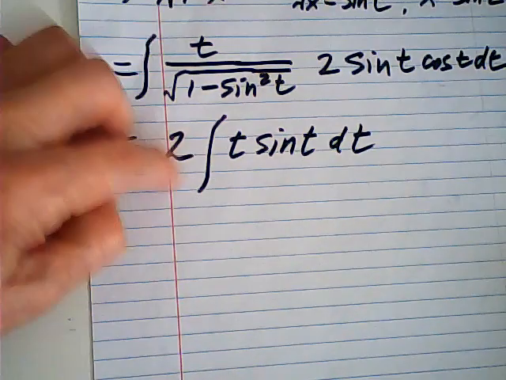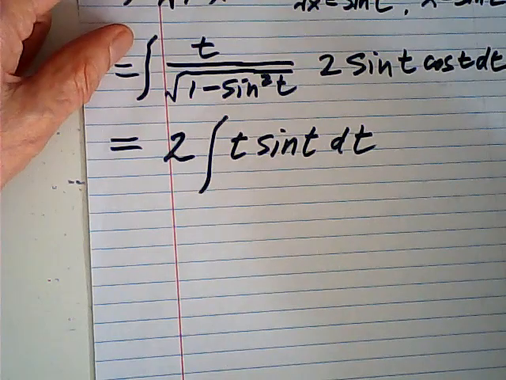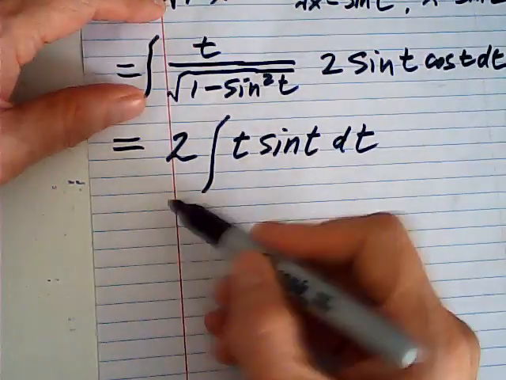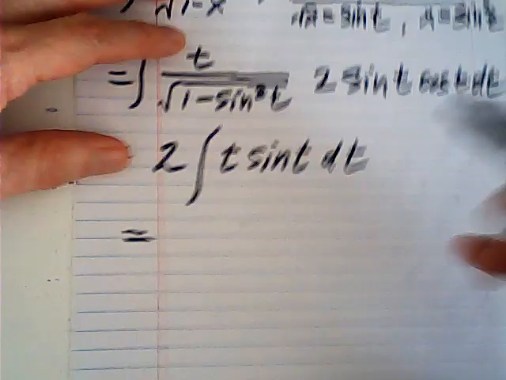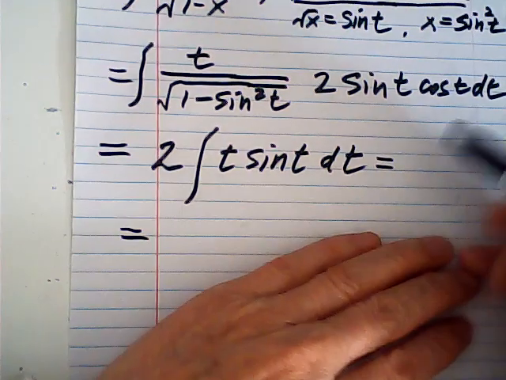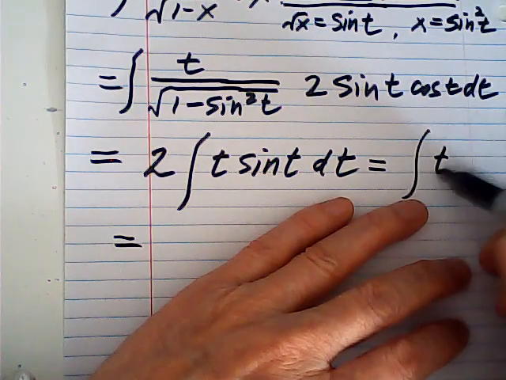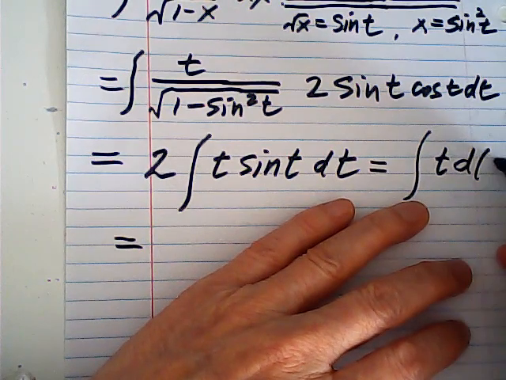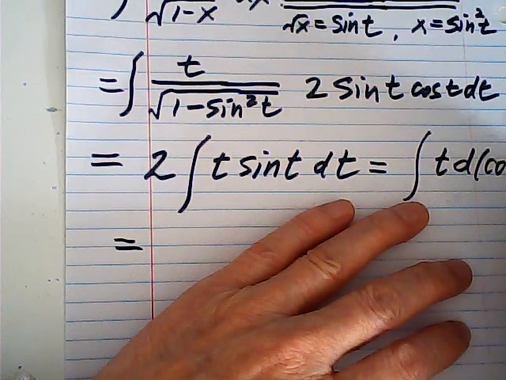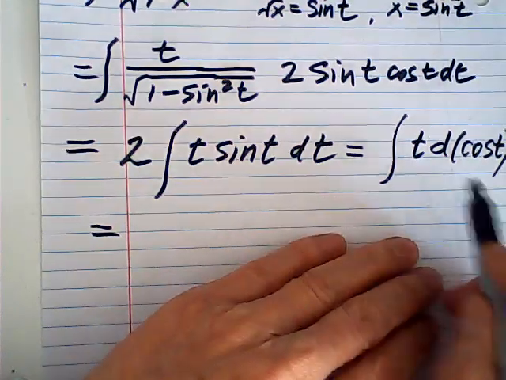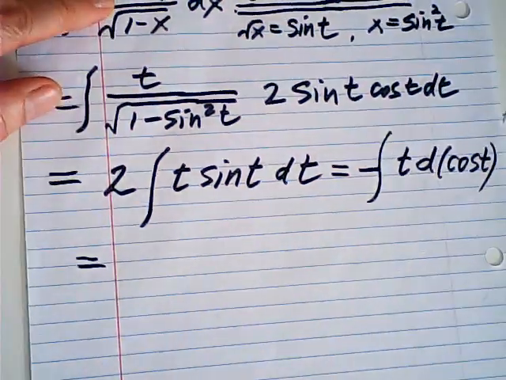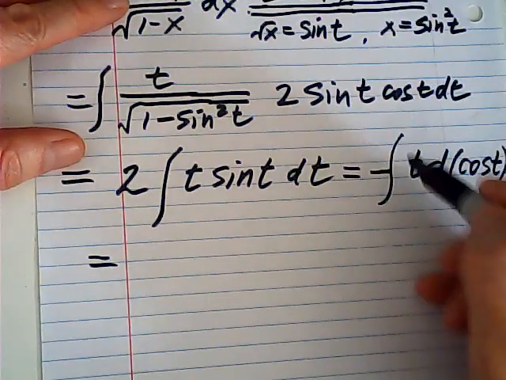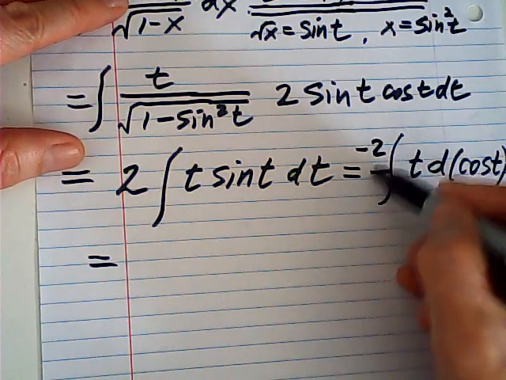This kind of integral is not difficult. We simplify by parts, right? So this one is equal to t d cosine t. Cosine t derivative is negative sine, so I have a negative outside. See? Negative 2, huh?